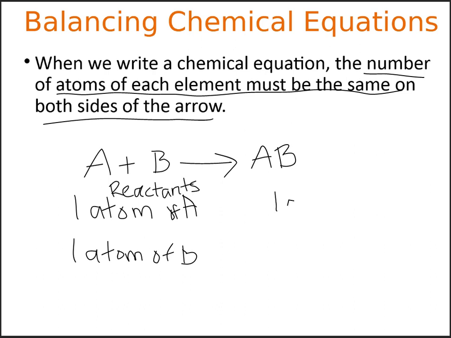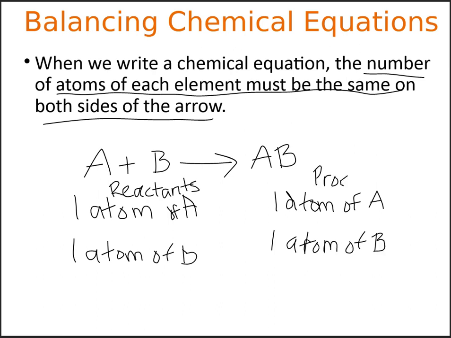I have one atom of A and one atom of B on the product side. So that's what that means. You have to have the same number of atoms of each element on both sides of the arrow. You can't make a reactant completely disappear, and you can't make something appear in the products.